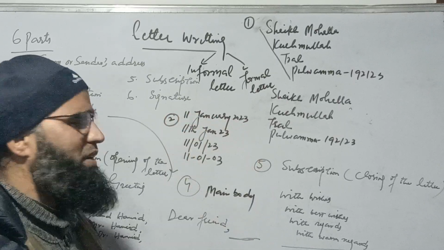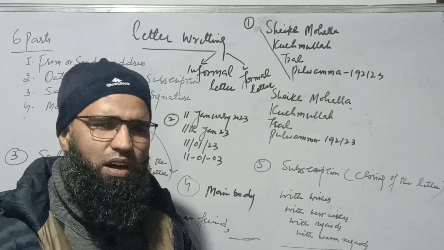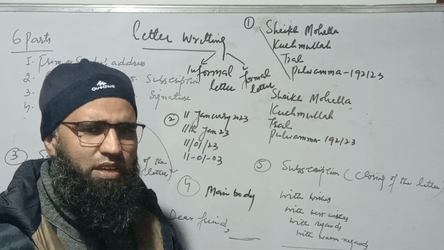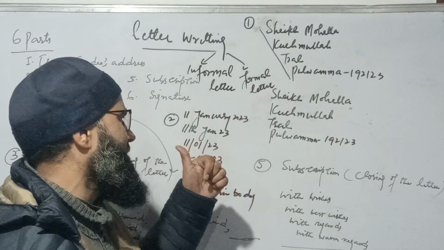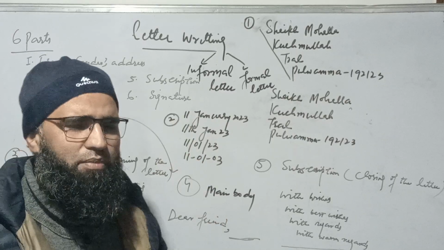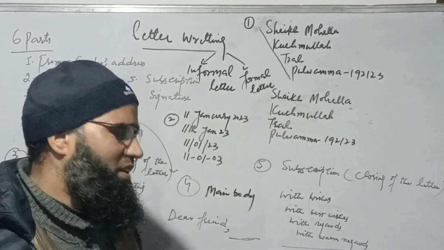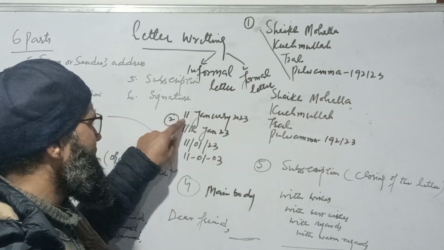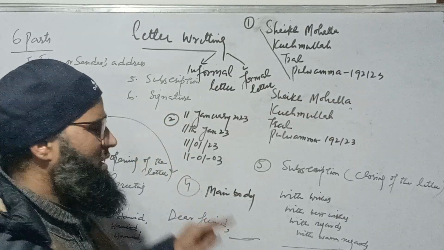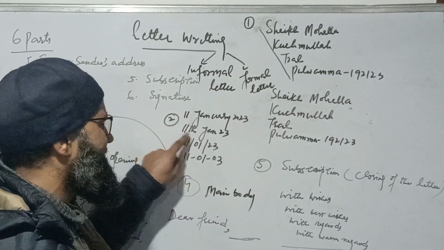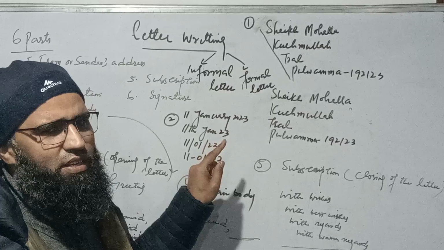If you want to make the short form of any month, here we have January, and if we want to make the abbreviation, that is Jan, then you have to change the 11th into ordinal. You have to write 11th Jan 2023.